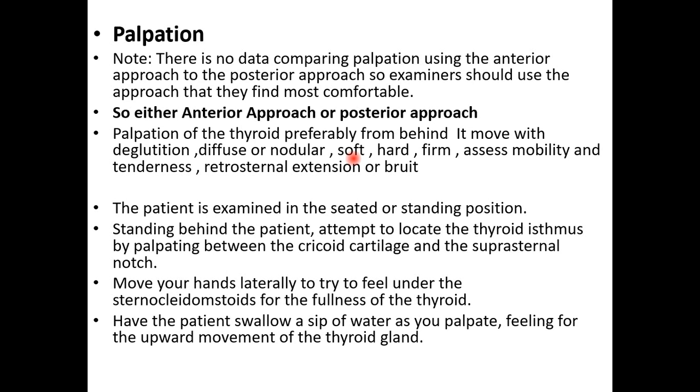After we inspect the thyroid gland, we have to palpate the gland. Palpation of the thyroid gland has two approaches: either anterior, or you can stand behind the patient with the posterior approach. Actually, there is not much difference between anterior and posterior, but posterior approach is preferable.